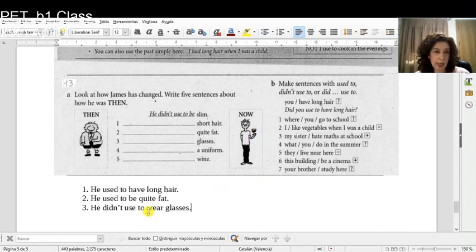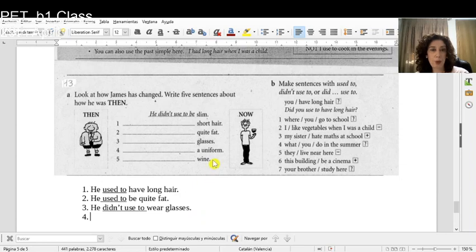No solía en el pasado, pero ahora sí. Used to have, used to be, didn't use to wear. Very good. How is it? It's very easy, this, but we have to use it.